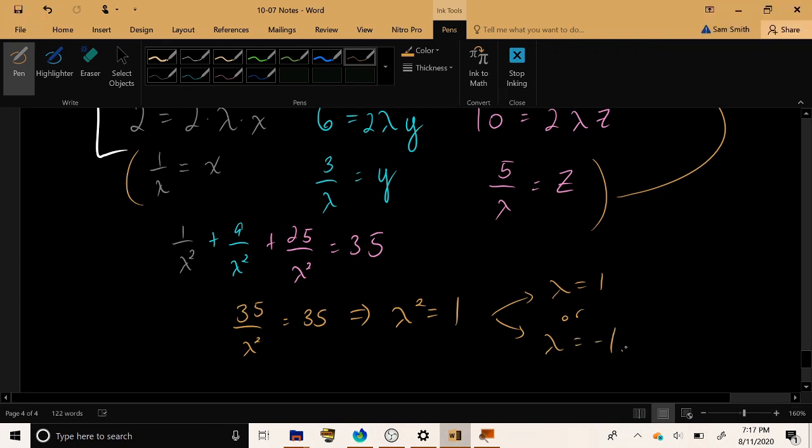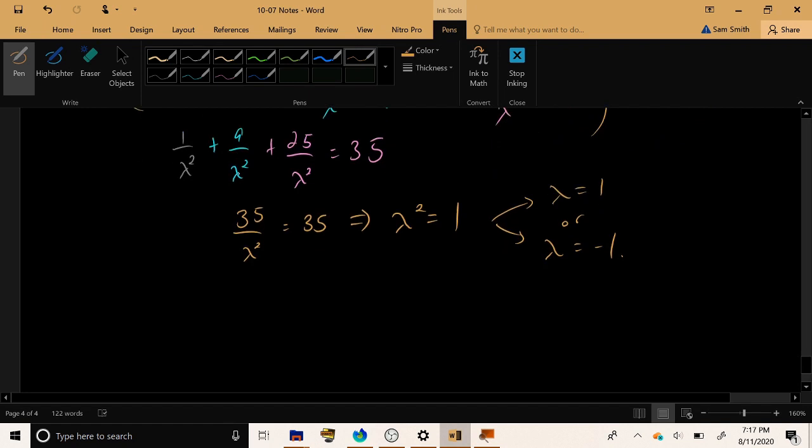Now, we're not actually looking for lambda, so it might at first glance seem like this was a waste of time. But we can plug these values of lambda back into these 3 equations to get the values of x, y, and z, which we're really looking for.